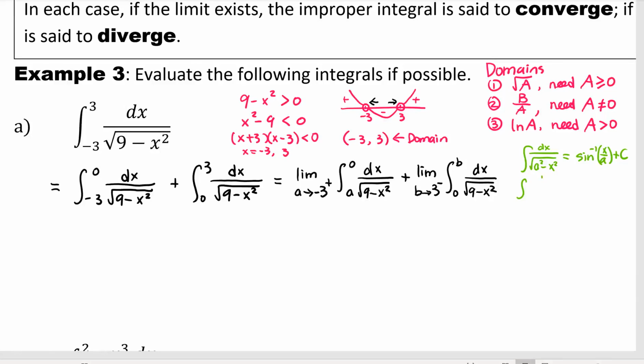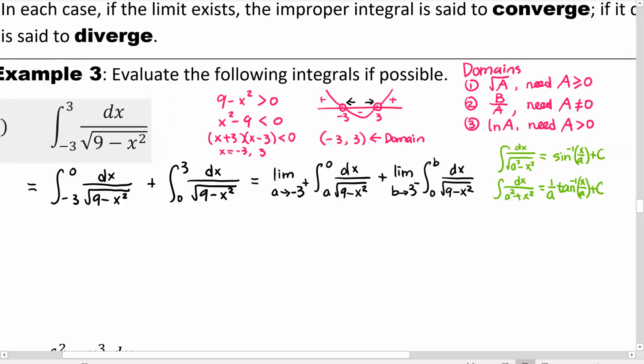And the integral of dx over a squared plus x squared is 1 over a arctangent of x over a plus c. If you can remember those formulas, then you don't need trig substitution; you can just use the formula. Okay, let's continue.